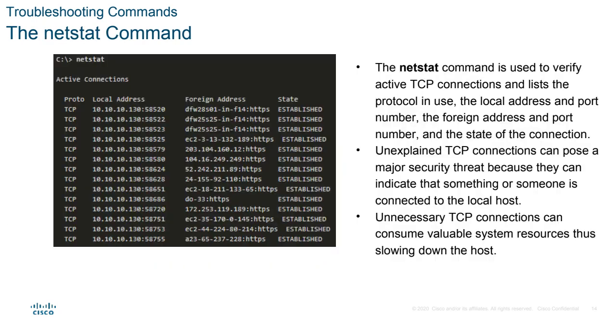The netstat command verifies active TCP connections and lists the protocols in use. It's very important. Sometimes you notice that your computer is very slow, and maybe you are worried that someone is accessing your computer remotely and running some applications. So how do you find out what's currently running on your computer and network?